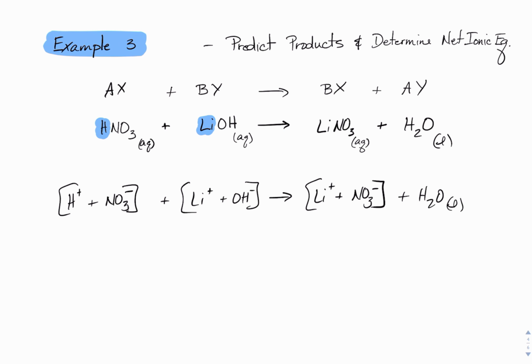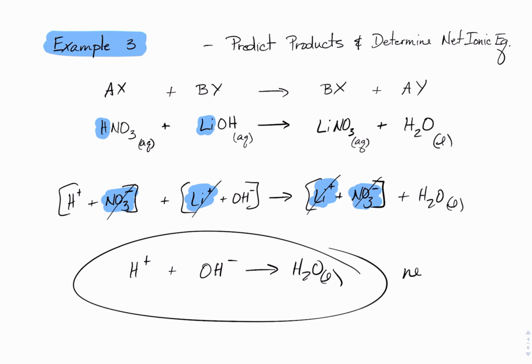Our spectator ions are going to be Li plus and NO3 minus, and we can take those out. And as expected, because remember this is an acid-base neutralization reaction, you get H plus OH minus yields H2O as your net ionic equation.